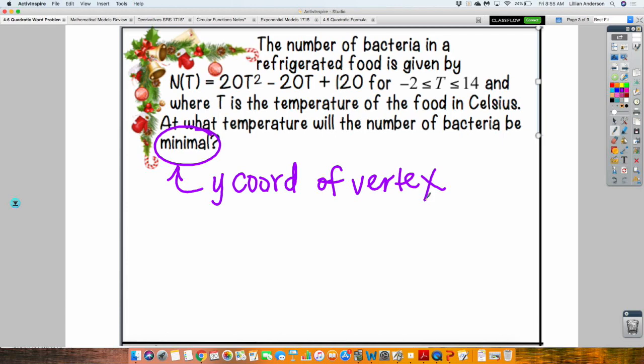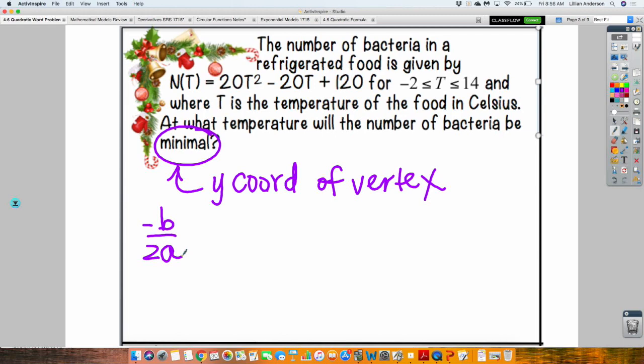What x? Gotta be careful. It isn't the coordinate, but it's the one that you get when you do what formula? Negative b over 2a. So you have to do negative b over 2a and take that value and plug it into the original equation.